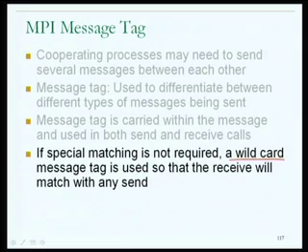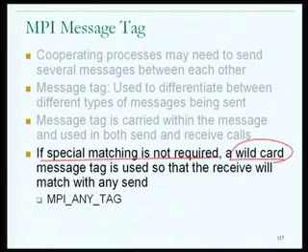It is basically a wildcard indicating that it is not a specific value of message tag, but some general kind of notation for a value, and this is to be used in the special case where we do not really want to match a particular send and a particular receive, but do not mind which data is received by any one of the receives in process P1 in our example. So, in this case what one would include as the message tag is the MPI constant MPI_ANY_TAG. So, MPI_ANY_TAG is what is referred to as a wildcard, to be used in cases where one does not really care what the value of the message tag is.